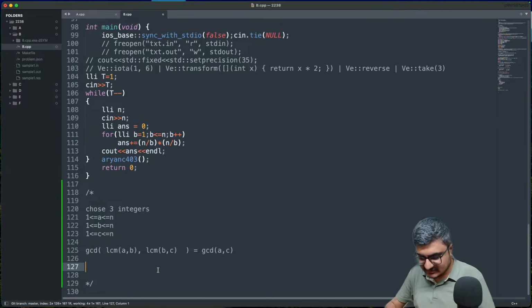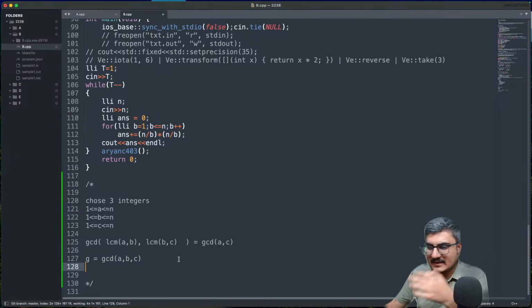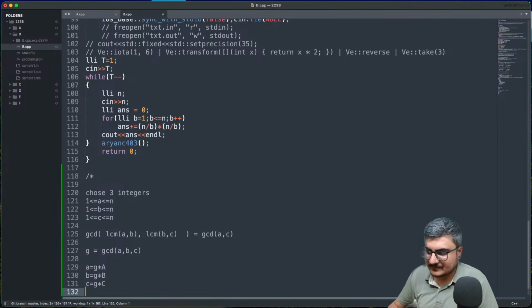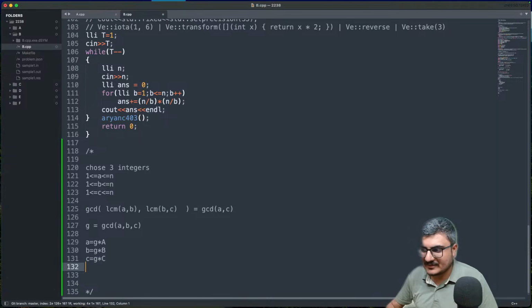Now let's first assume that there is some common GCD G of A, B, and C. I am trying to simplify things one after the other. Then we can write A as G into A, B as G into B, C as G into C. This is the first level of simplification in the same identity.